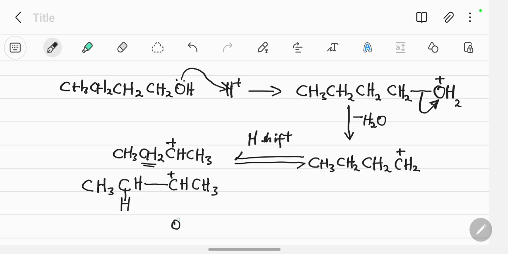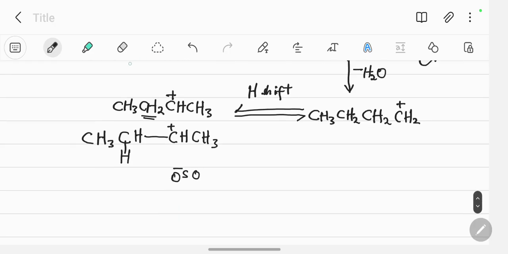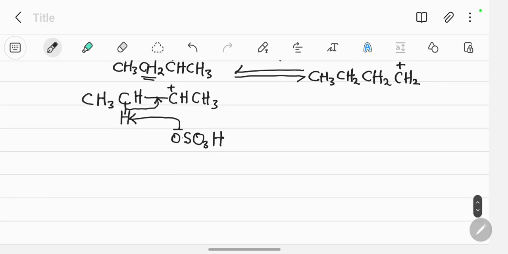Then I bring my hydrogen sulfate, and the electrons are going to attack the hydrogen. As you attack that hydrogen, electrons there are going to join that bond to form a double bond.